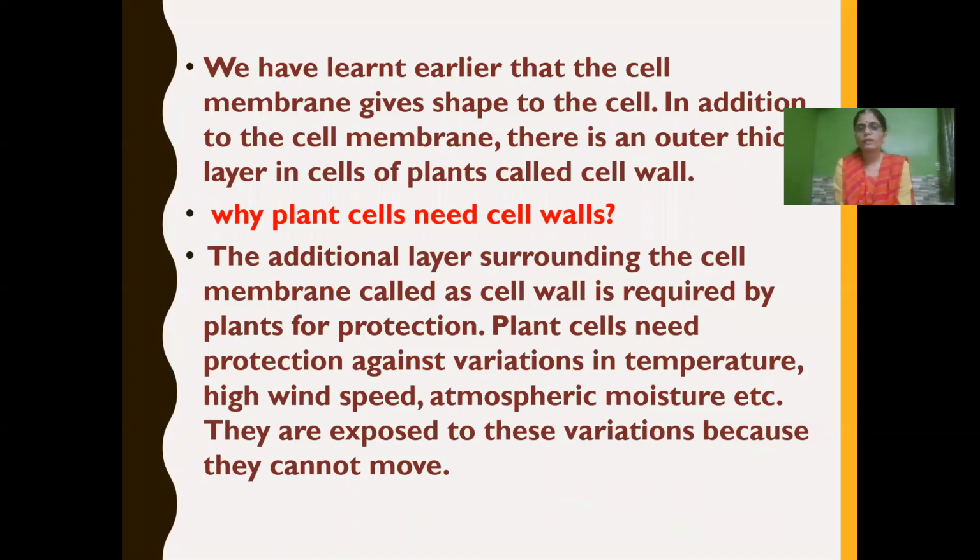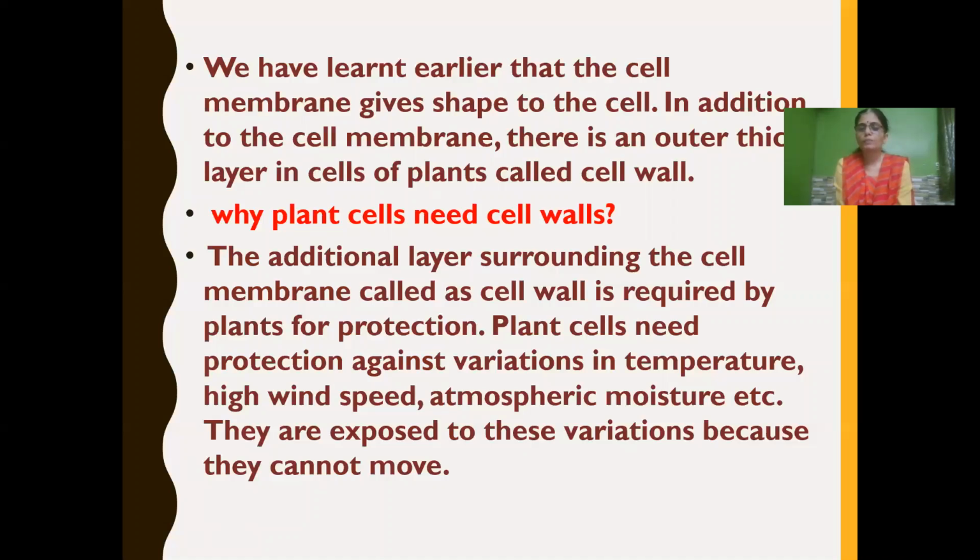Because the additional layer surrounding the cell membrane, called the cell wall, is required by plants for protection. Plant cells need protection from what? Protection against variations in temperature, high wind speed, atmospheric moisture, etc.